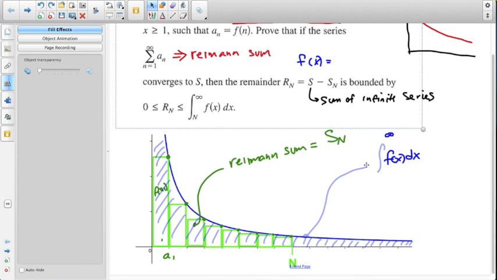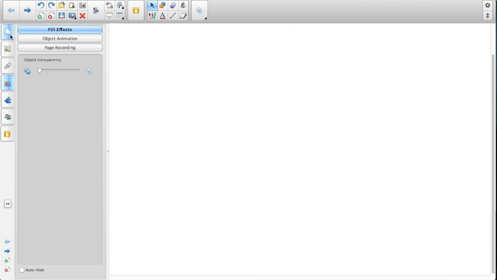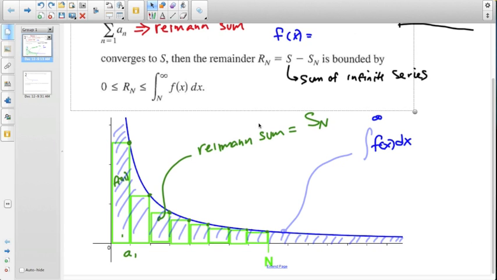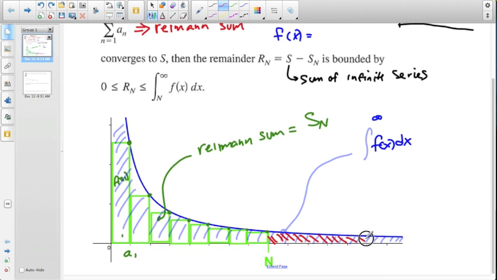So we know that total area we can find using the integral. And if this is the partial sum that we have here, then this area beyond that partial sum is the leftover part.